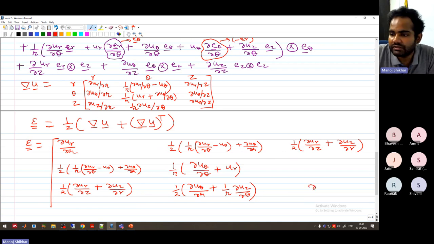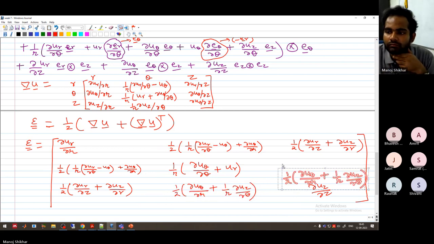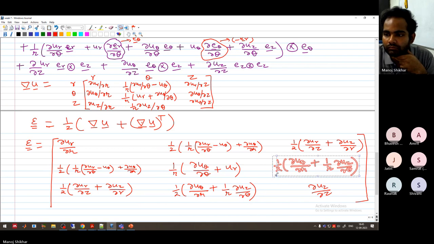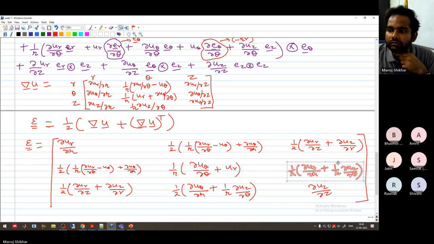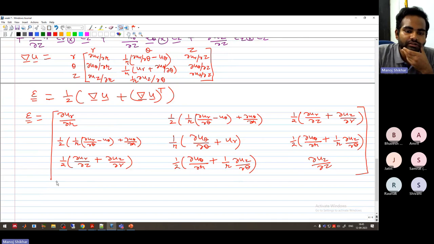Nothing very fancy. Just to complete the discussion, I'm writing this matrix here. So this is the matrix representation of the strain tensor in the cylindrical coordinate system.